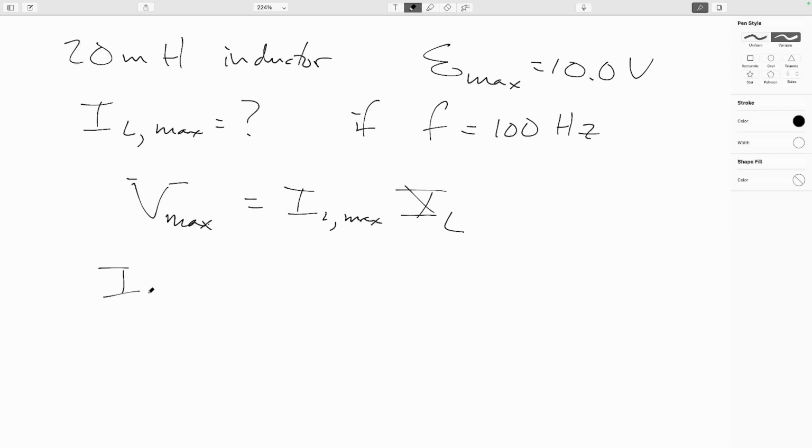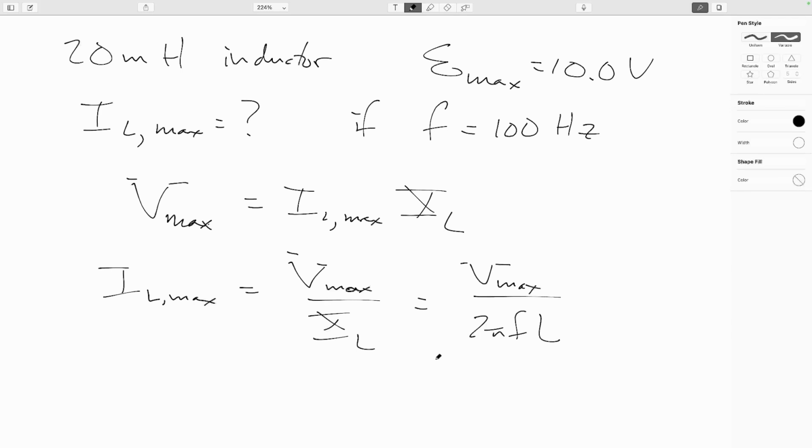So the current I_L max will be the max voltage over the inductive reactance, which is the max voltage over 2 pi f L, because L is the inductance. Now, this is one of those things when you're grinding this through your calculator, you want to be super careful.